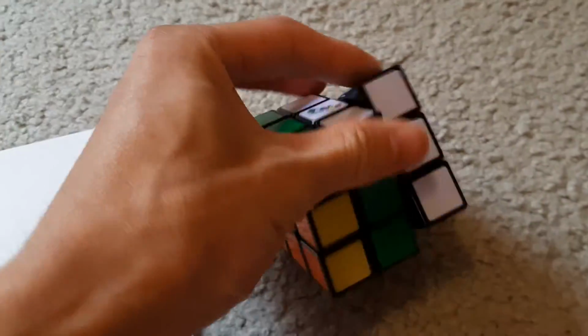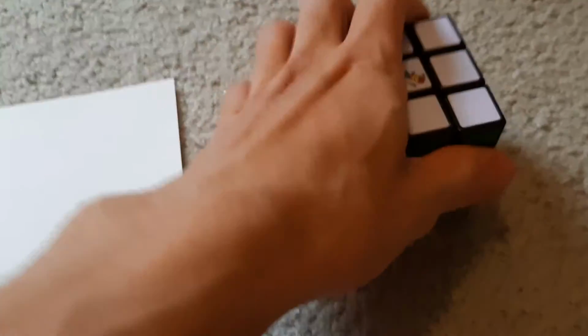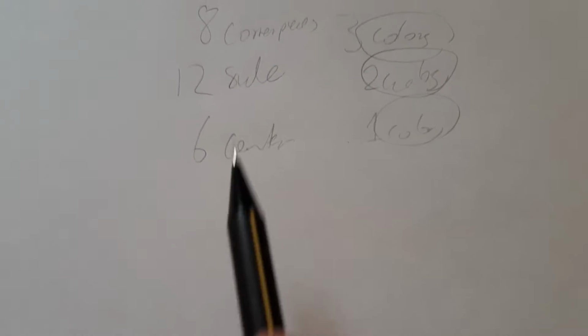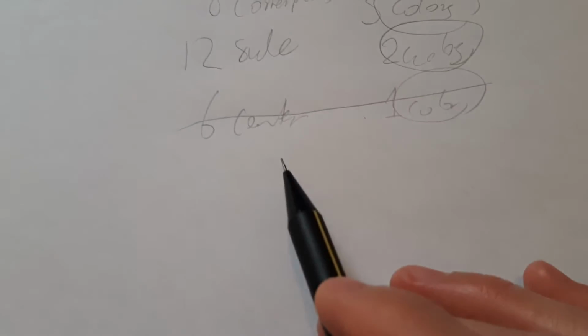There's no move that you can do that'll be able to change the center. So we can just cross it off, because it never changes no matter what we do. Now with the 8 corner pieces and 12 side pieces, we can start doing some calculations.